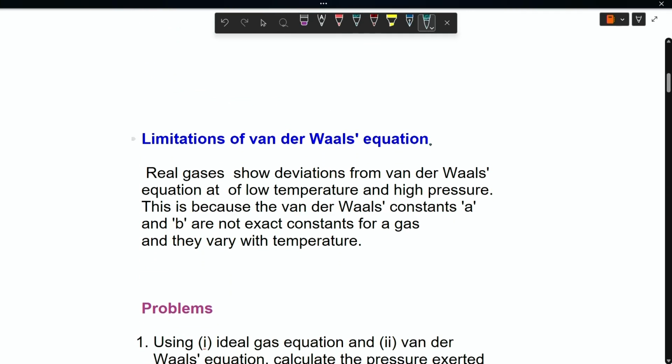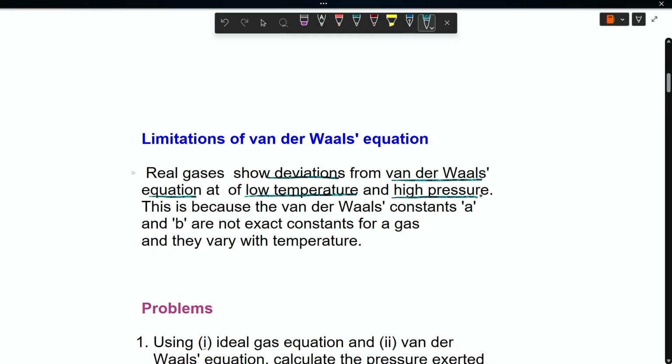Limitations of van der Waals equation says that the real gases show deviation from van der Waals equation at low temperatures and high pressure. That is again the same case when the molecular volume is very small.